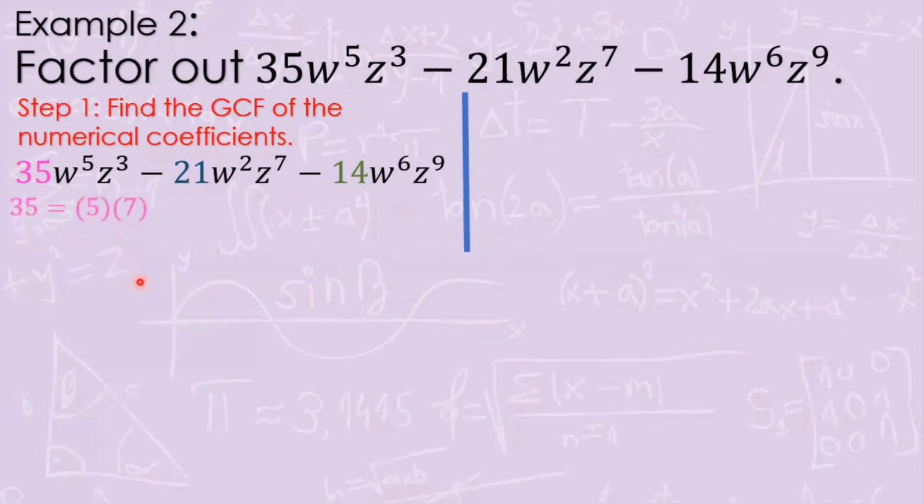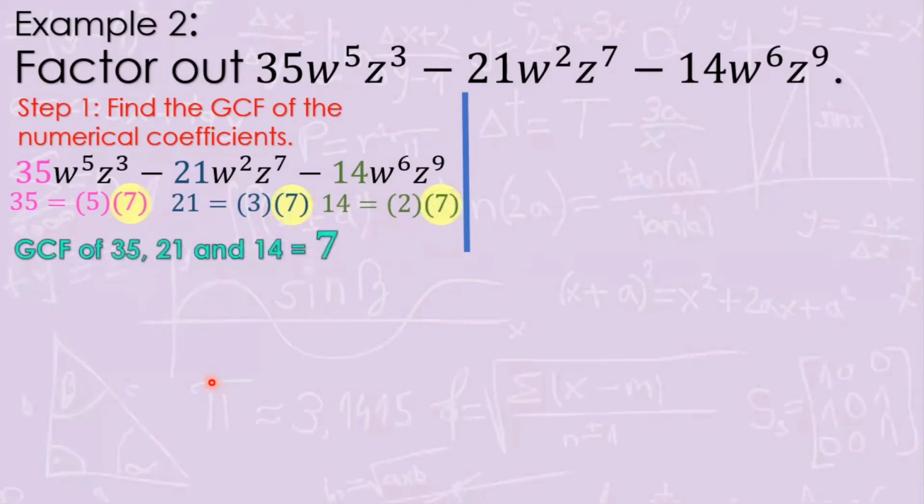So 35, we have 5 times 7, and 21, we have 3 times 7, and 14 is 2 times 7. So to find the GCF, meron bang number na parehas nilang factor or number na parehas silang nade-divide? Meron po, pare-parehas silang may 7. So therefore, the GCF of 35, 21, and 14 is 7.